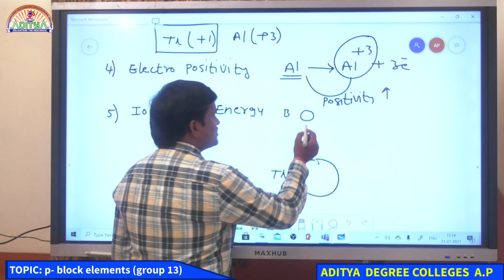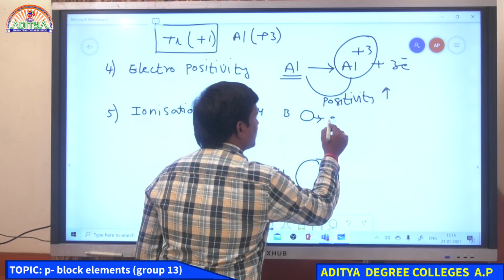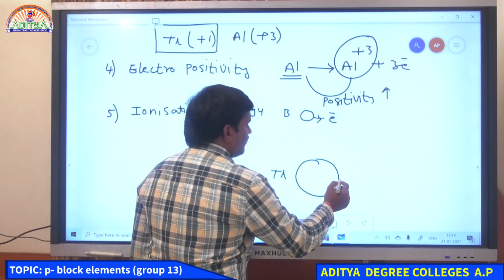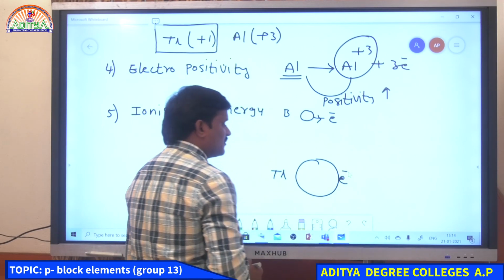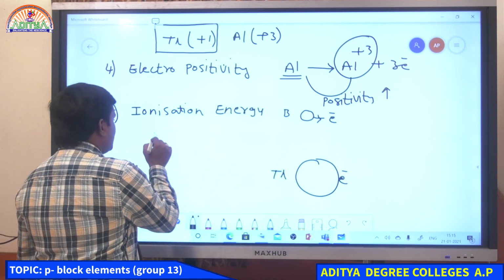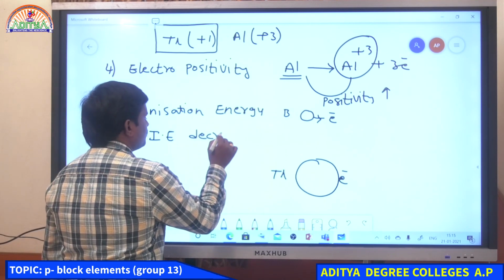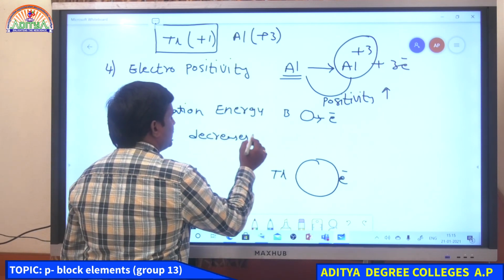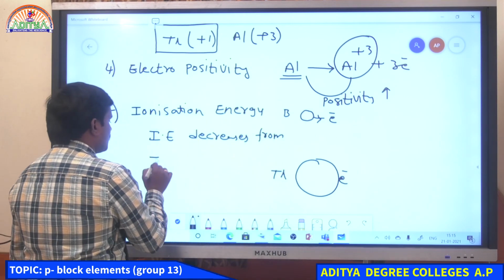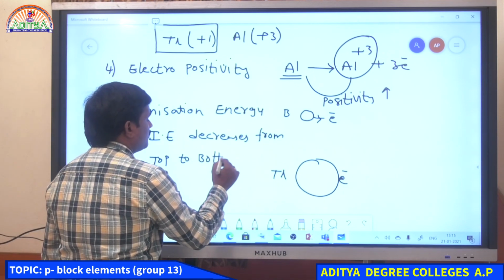It is very tough to remove one electron from the small-sized boron nucleus, whereas one electron is easily removed from the large-sized thallium. Therefore, ionization energy always decreases from top to bottom in a group.